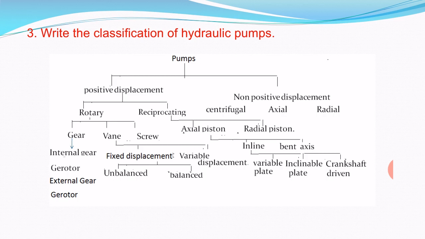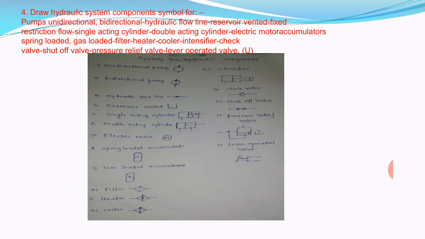Now reciprocating pumps have two types: axial piston and radial piston. Axial pistons again have two types: inline axial piston pump and bent axis type. In the inline type, again we have variable plate, inclinable plate, and crankshaft driven pumps.